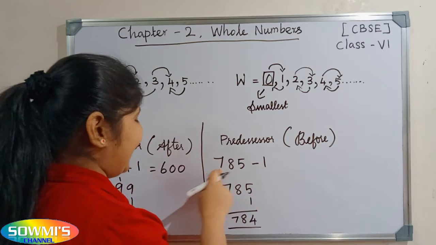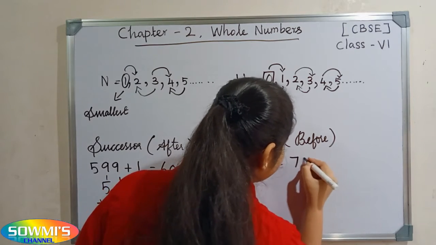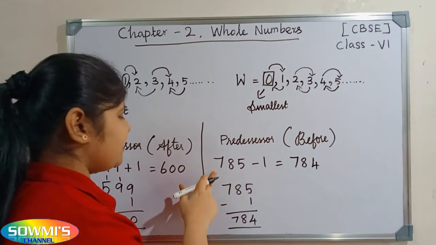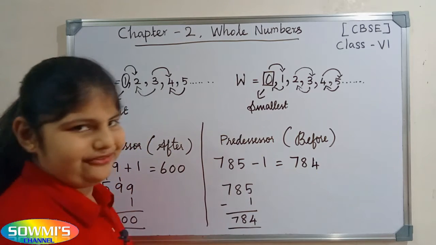So 785 minus 1 will be 784. The predecessor of 785 is 784.